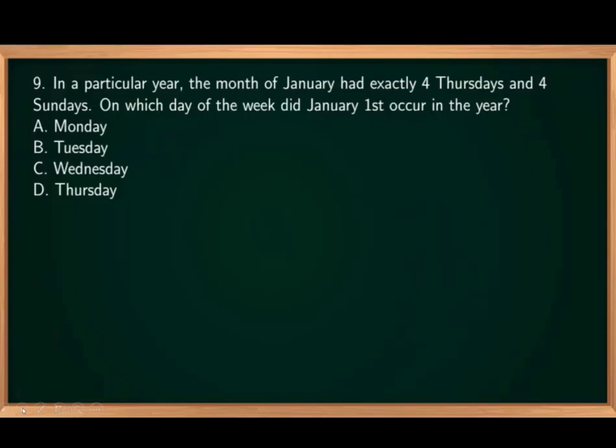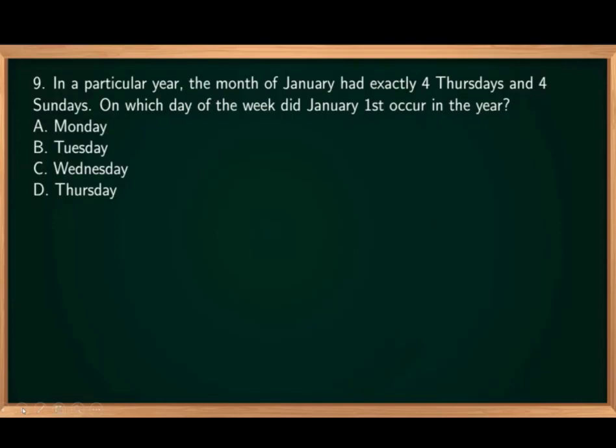In a particular year, the month of January had exactly 4 Thursdays and 4 Sundays. On which day of the week did January 1st occur in the year? January has 4 Thursdays and 4 Sundays only. So you have to find the day, January 1st. What will be the answer?